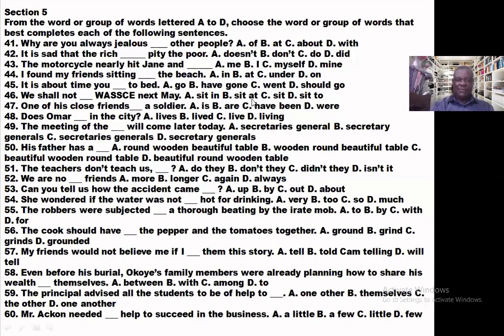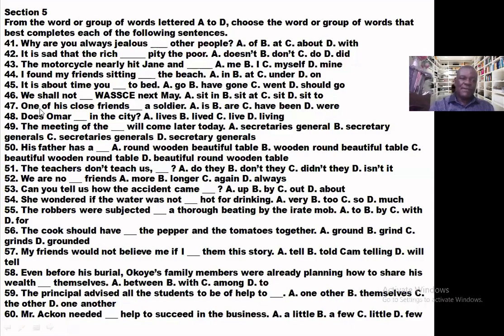That is a typo, something is omitted in one. But the appropriate thing is sit. There are two ways of putting it. We shall not sit for Wassce next May, or we shall not sit Wassce next May. You can sit an exam, or you sit for an exam.